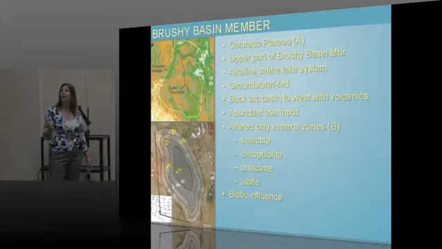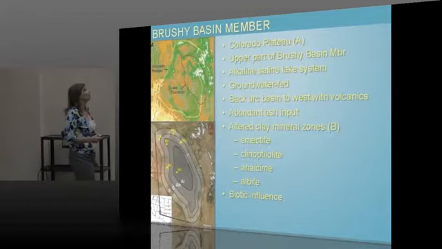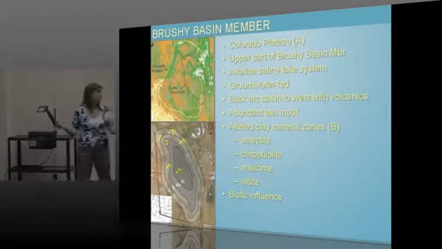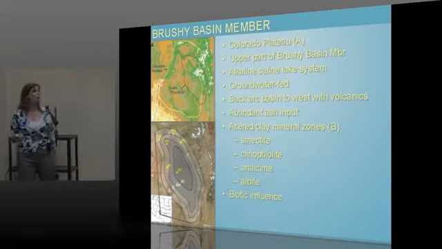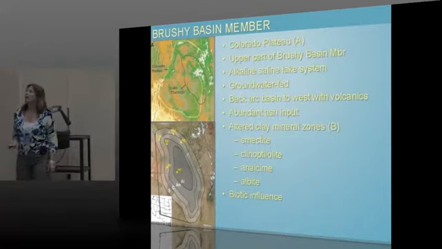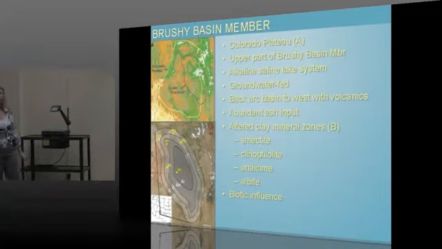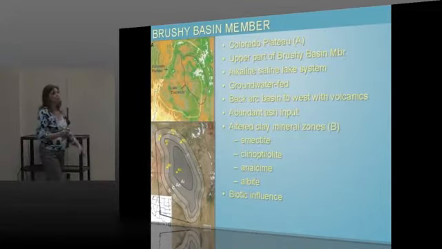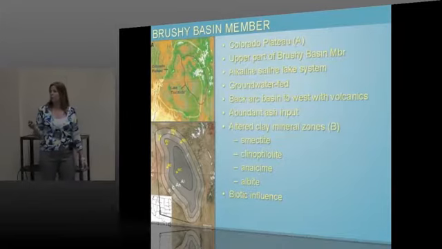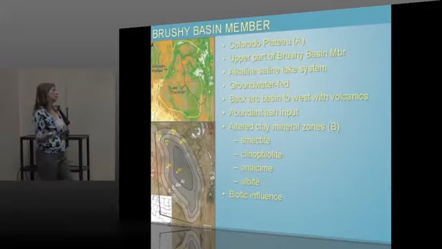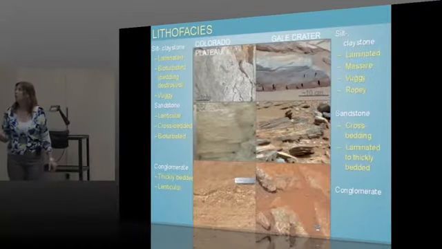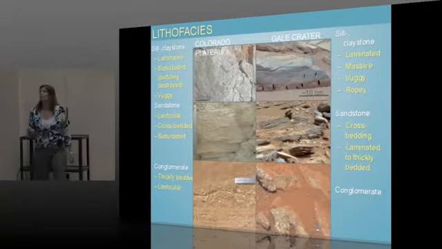It's been named in the literature Lake Tudichi, which is a Navajo word meaning bitter water, because the water must have been quite bitter. We won't go into it, but there are these clay mineral zones. I'm not going to go into depth about the clay mineralogy. There's also abundant biotic influence in this system, which I'm not going to talk about too much either.